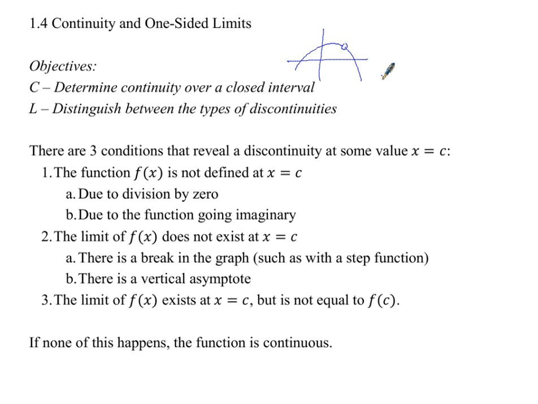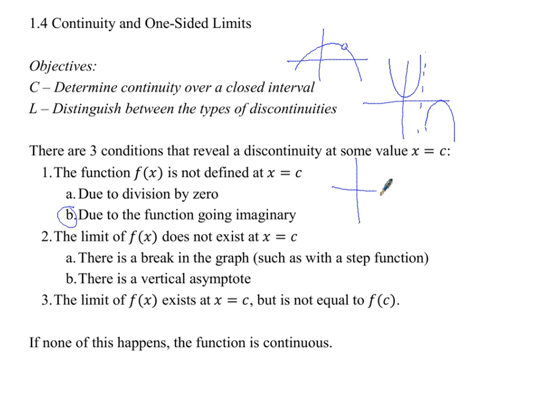That would be 1. We also could have, we've kind of talked about something like this, maybe a vertical asymptote, like so. A function that does something like that. But there's also this other one here, due to the function going imaginary. We have some functions that we've worked with over the course of your careers in math.